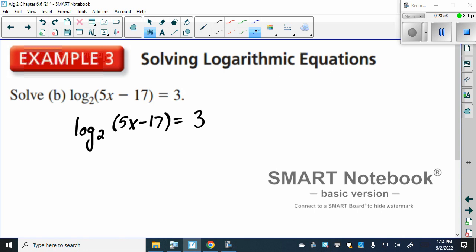Log base 2 of 5x minus 17 equals 3. What we're going to do to solve this is the other property that we had, which is our b to the log base b of x. Whenever the base and the base of the logarithm are the same, these here simplify out, leaving us with just x.